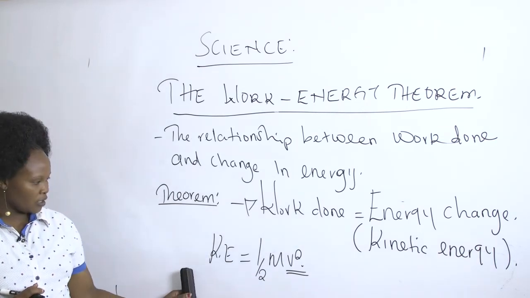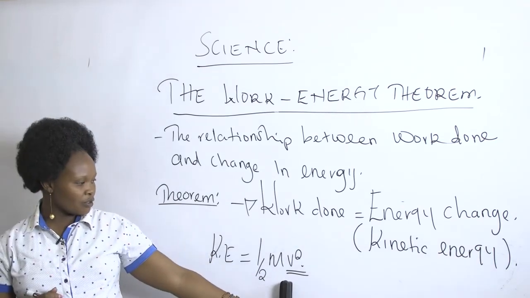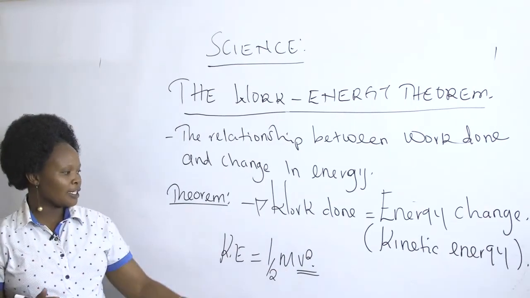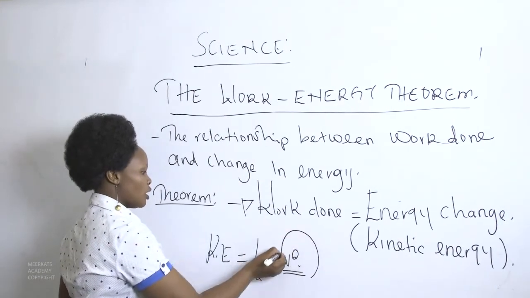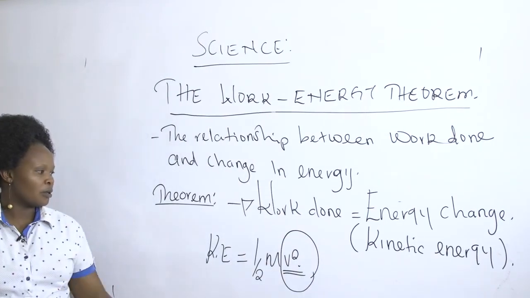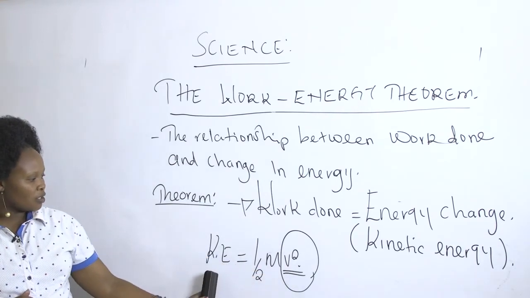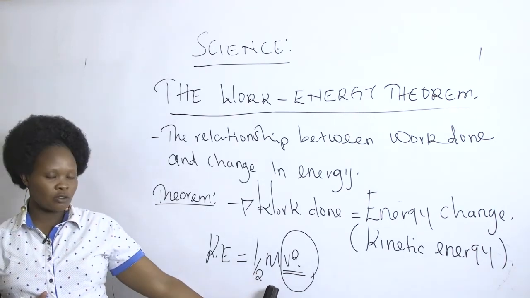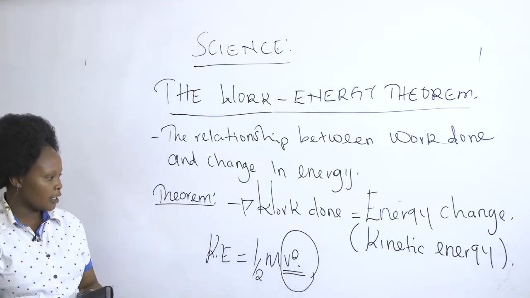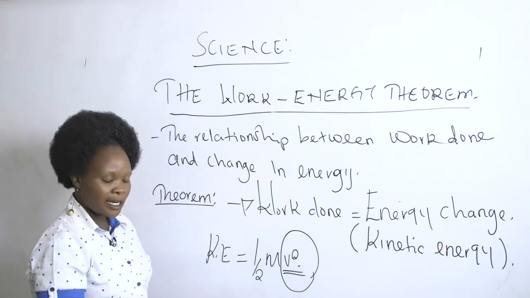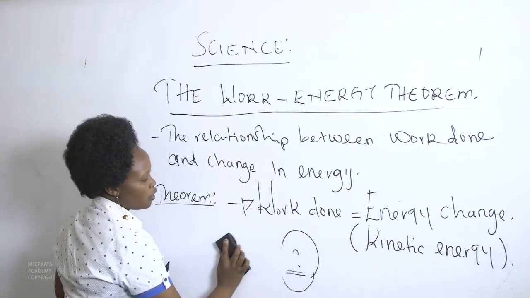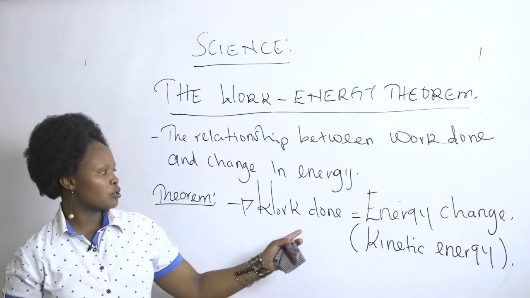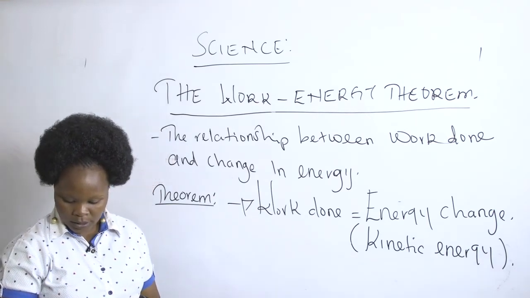You have an object, you apply some force on it, the force results in some motion, and therefore we are able to talk about its velocity. If the object moves, automatically kinetic energy is going to change, and that is why we talk about the change in kinetic energy whenever we talk about work having been done.